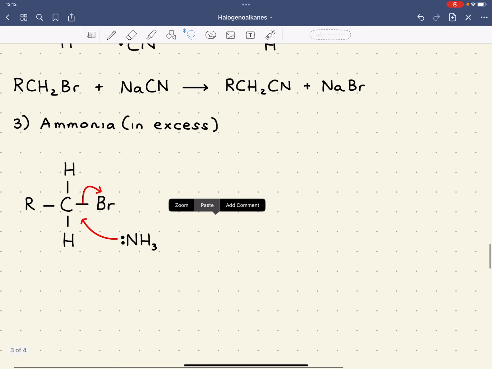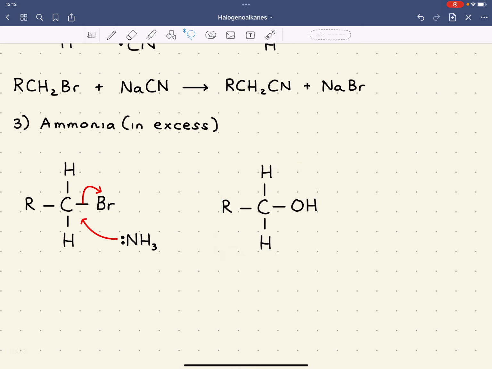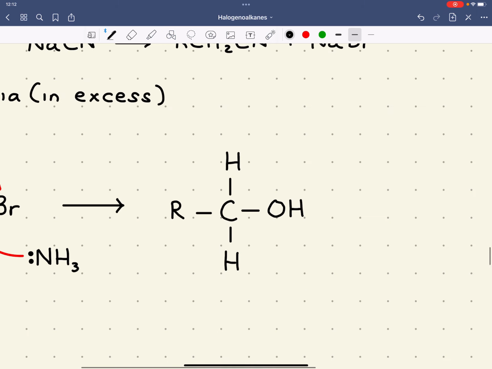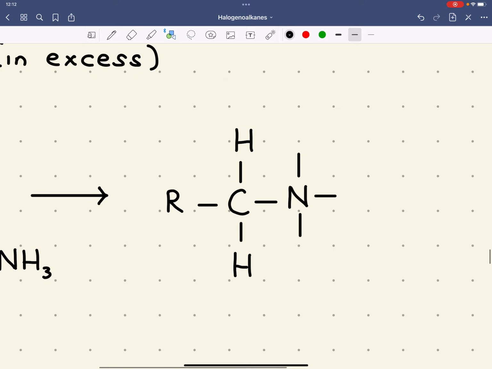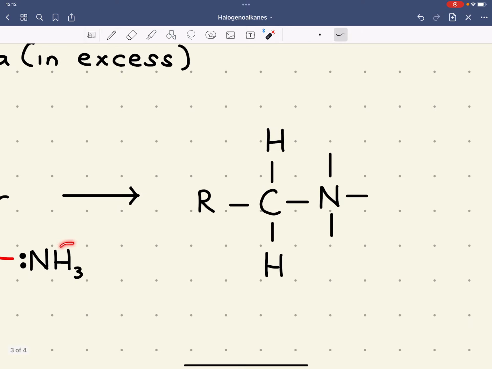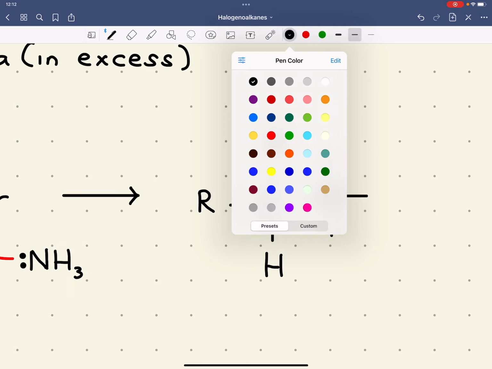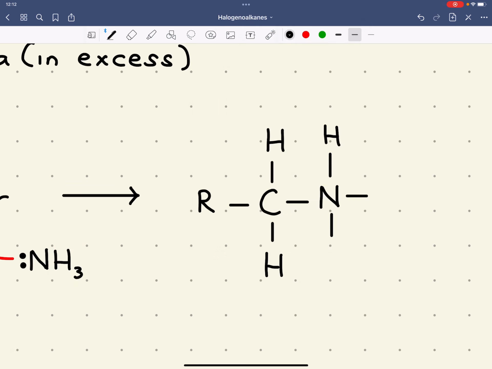Because of this neutral nucleophile, we now get an intermediate structure. So we get a nitrogen now, and again we've still got 3 hydrogens attached. Nothing's changed there. And the important thing is we need a positive charge on that nitrogen.